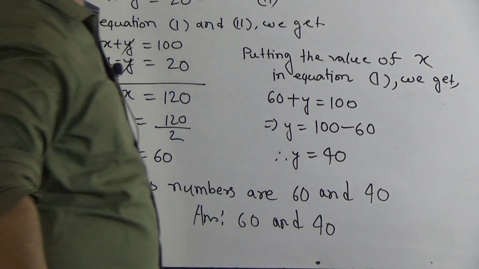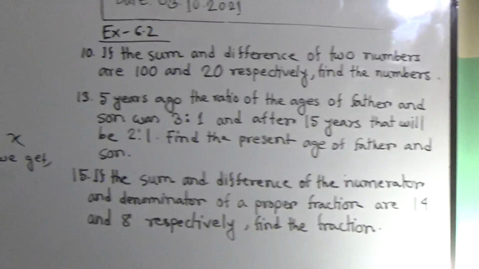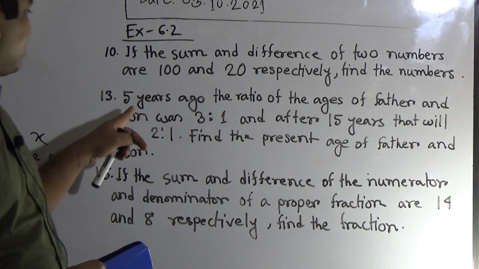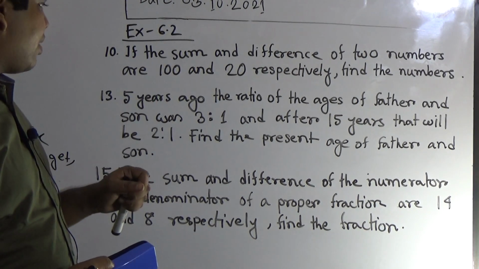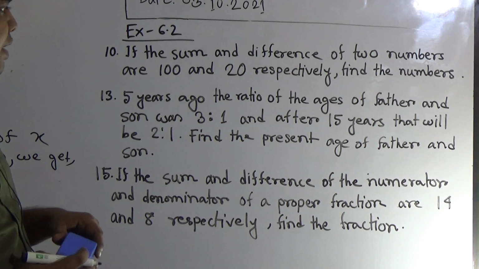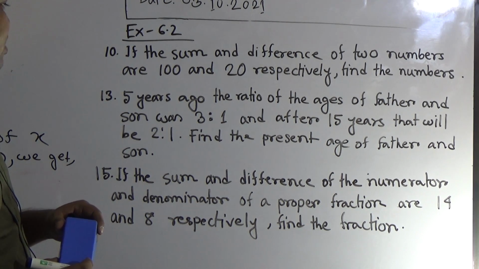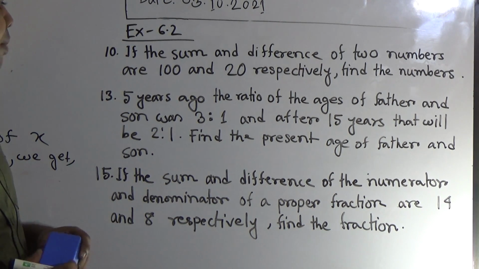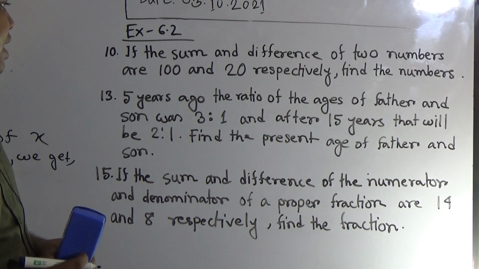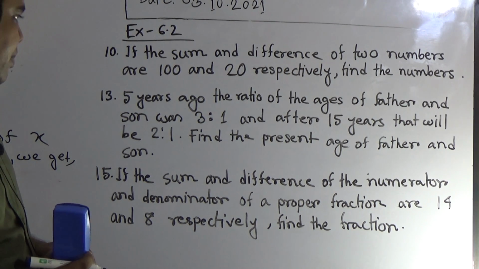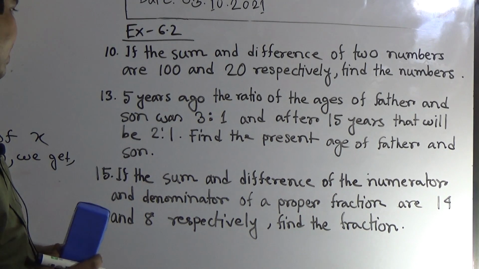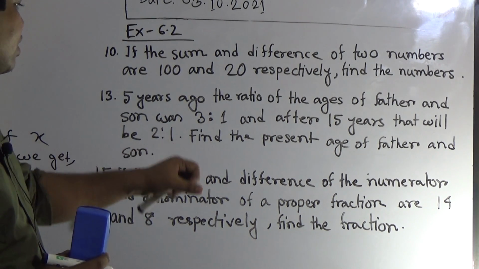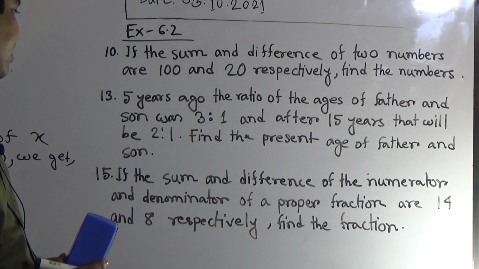Next we shall solve question number 13. So easy math. First of all, we read this question. 5 years ago, the ratio of the ages of father and son is 3:1. After 15 years, that will be 2:1. Find the present age of father and son.